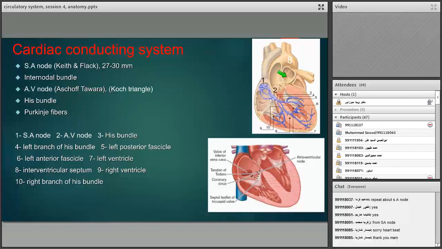This is the direction of conduction of the heart: SA node, AV node, His bundles, and then from the apex of the heart to the base. At first we have contraction in the atriums, and then after the atrium relaxes, the ventricles will contract in the systole phase, and the blood will enter the aorta and pulmonary trunk.